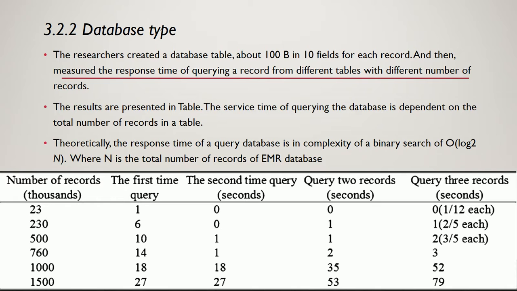The results are presented in the table below. As we can see, the service time of querying the database depends on the total number of records in the table. As the number of records increases, the time of the query increases.